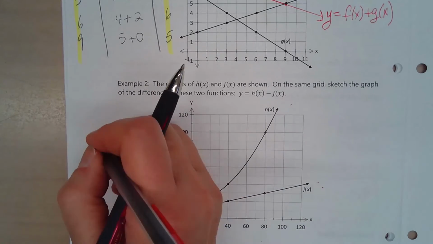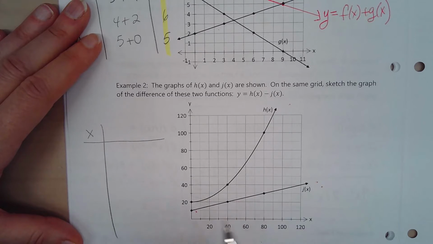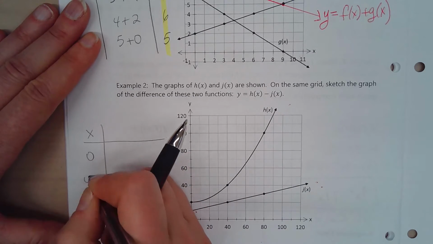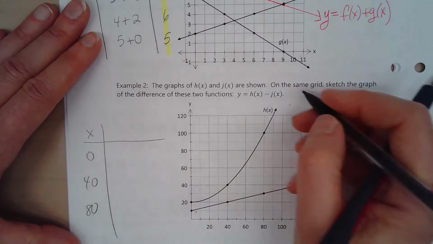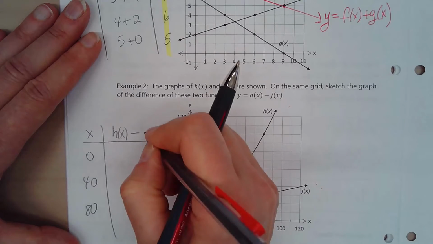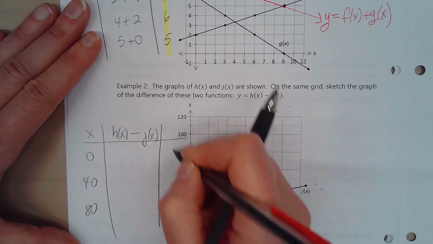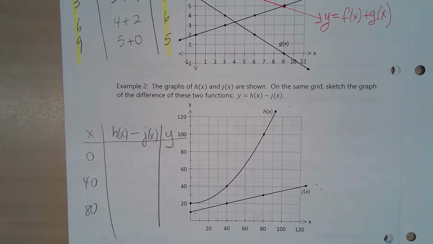All right, again, our x values are nicely pointed out for us that we could use: 0, 40, 80. And this time we're subtracting, and we're just calling our new function y again.